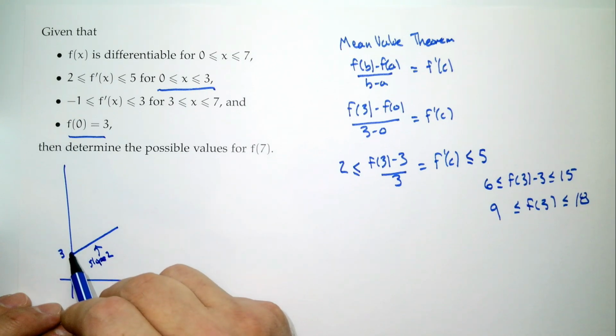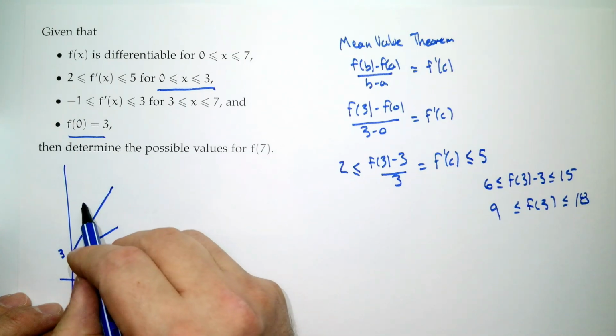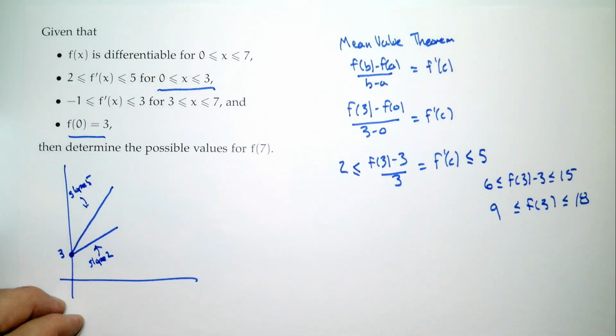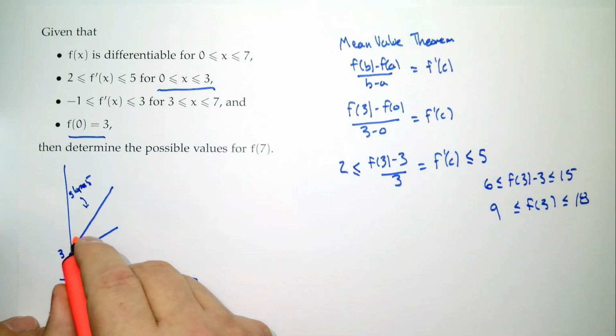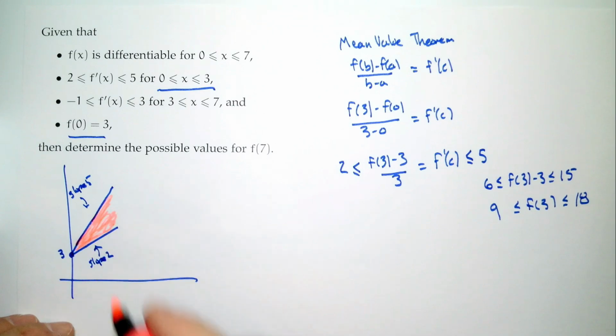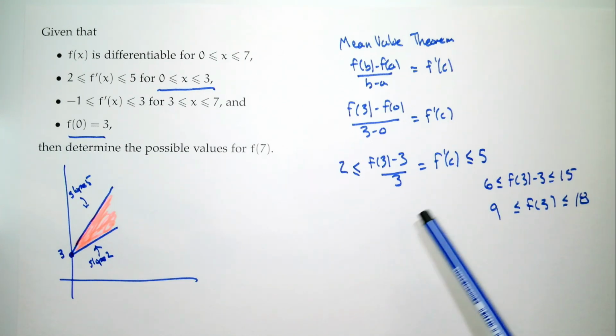My greatest rate of growth would be if I did slope 5. And I'm going to always stay in between these two. So my function has to live in between here. Because if I ever went outside of that sort of cone there, I would break that my average rate of growth would not be able to match an instantaneous rate of growth.